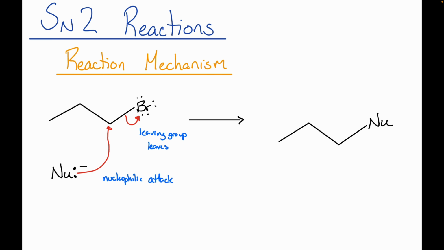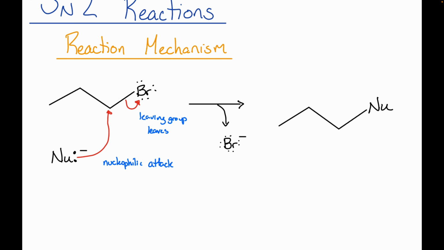And we also have that leaving group, that bromide ion, that's kicked off as well. So this is what an SN2 reaction is, the simplest way that you would think about a substitution reaction. Your nucleophile attacks and your leaving group leaves, and that happens all in one step. Both the nucleophile and the alkyl halide are involved in that step, which is why it gets the 2 for being a bimolecular reaction.